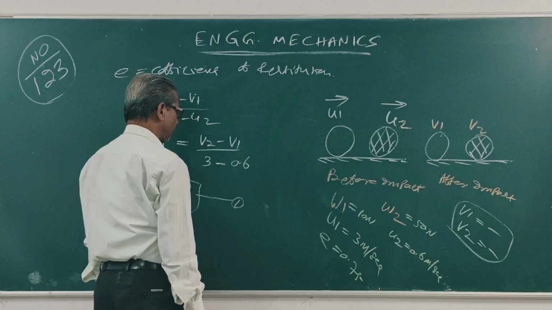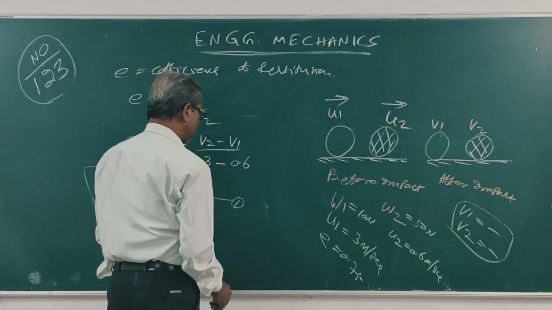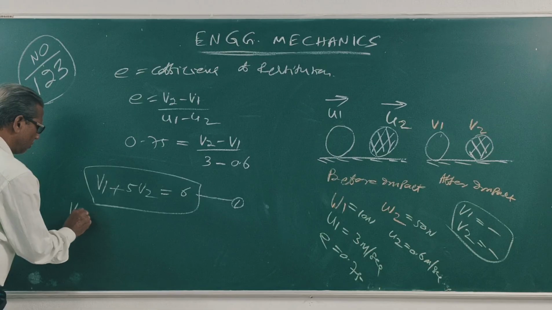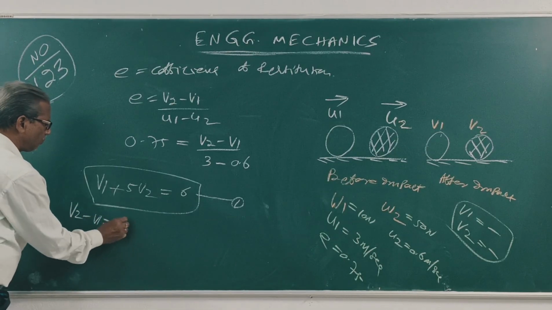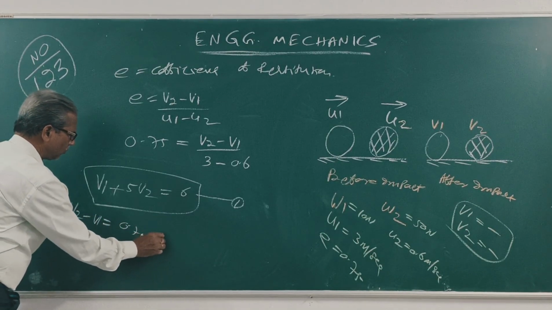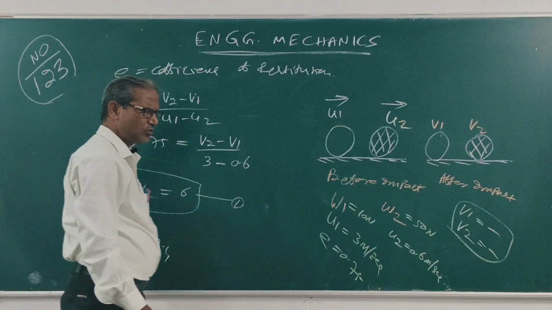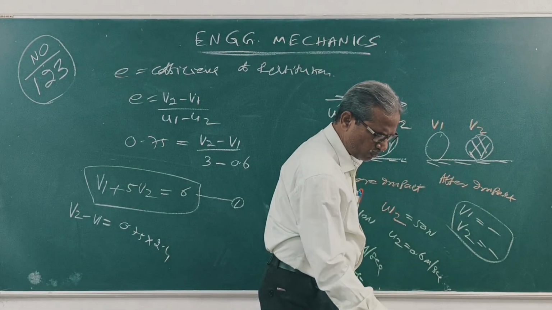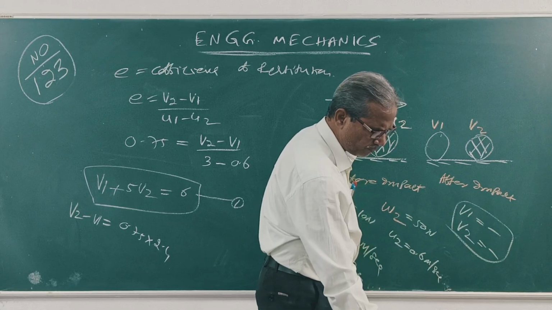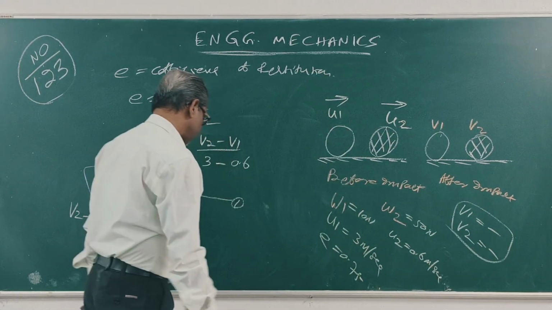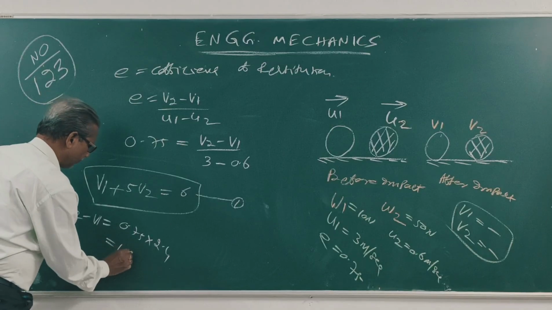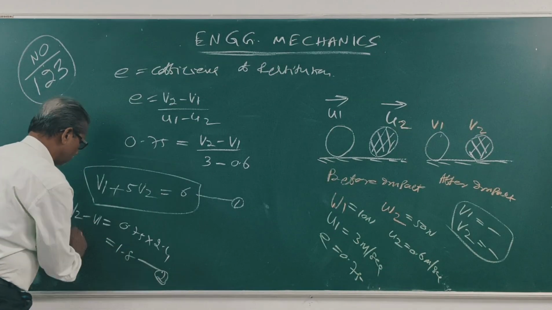Now from this equation we find V2 minus V1 is equal to 0.75 into 2.4. Clear? 0.75 into 2.4, this may be 1.8. Equation 2.